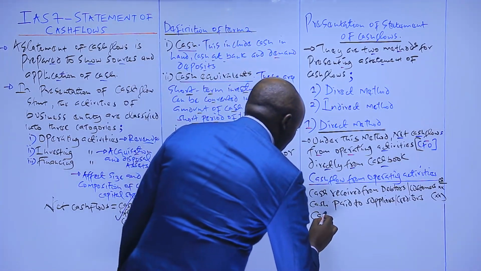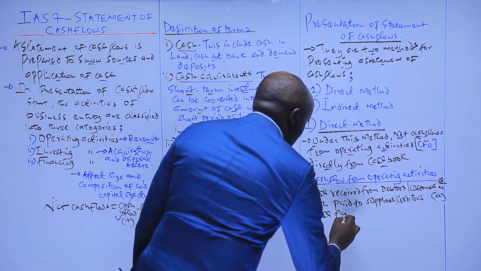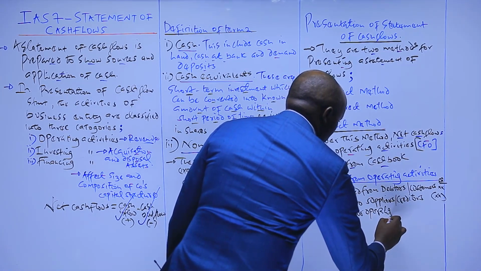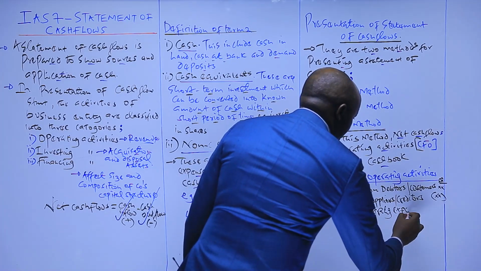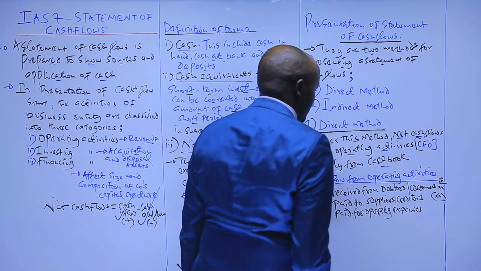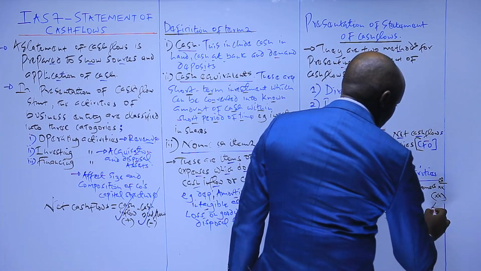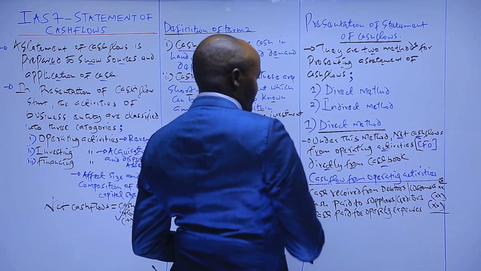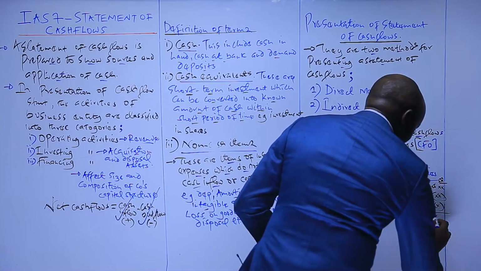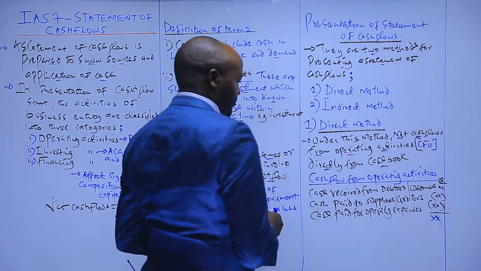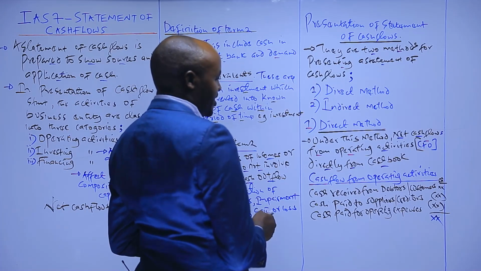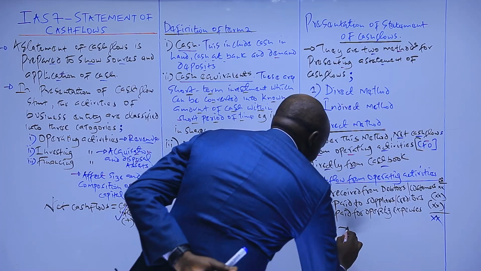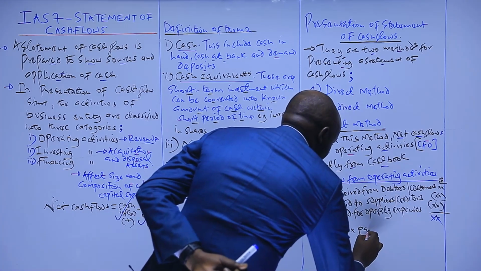We also take into account from our cash book the cash paid for operating expenses. For operating what? Expenses. Still, this is a cash outflow. And then we get the net amount down there. And then from this, we proceed and we list two items. Which are the two items do we deduct here? The tax paid.